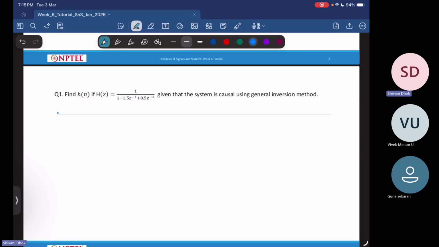So your transfer function h of z is given by 1 upon 1 minus 1.5 z inverse plus 0.5 z to the power minus 2. If I multiply and divide by z square, I'll get z square upon z square minus 1.5 z plus 0.5.